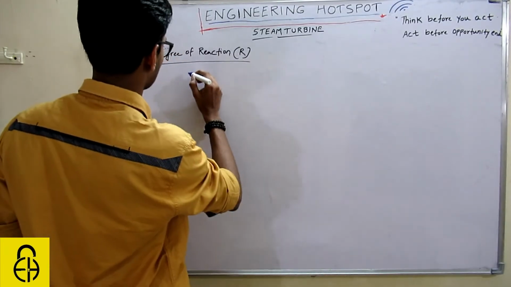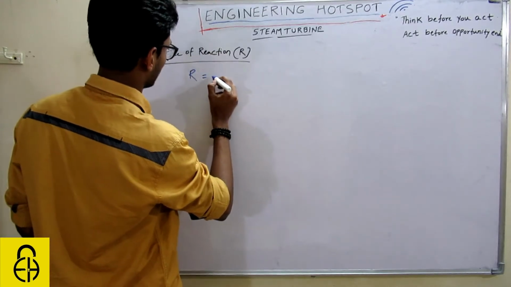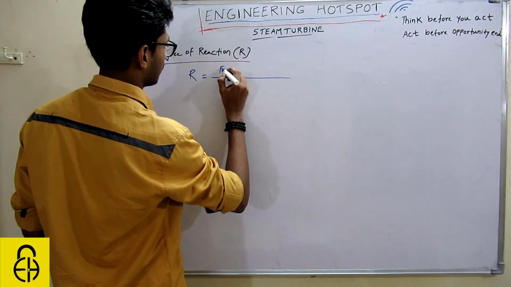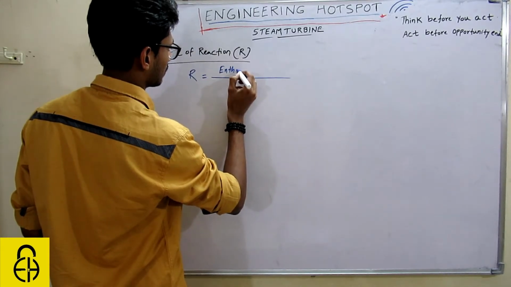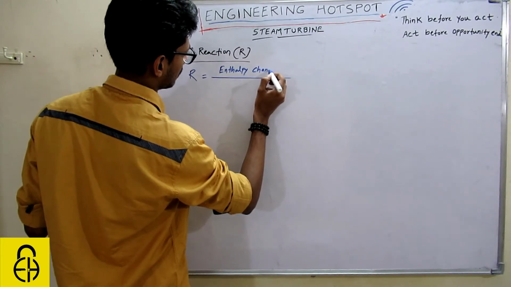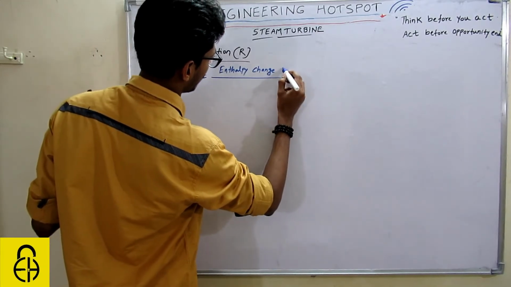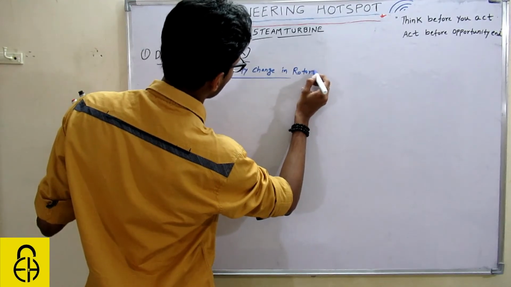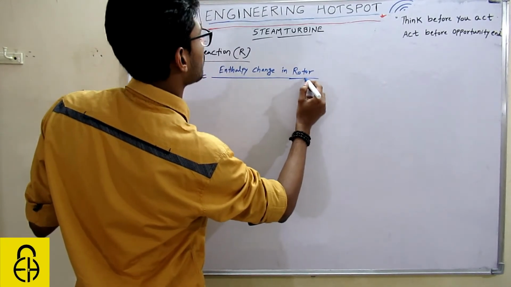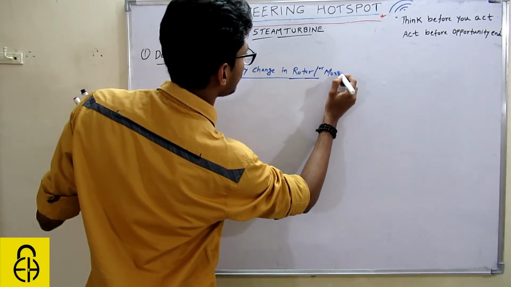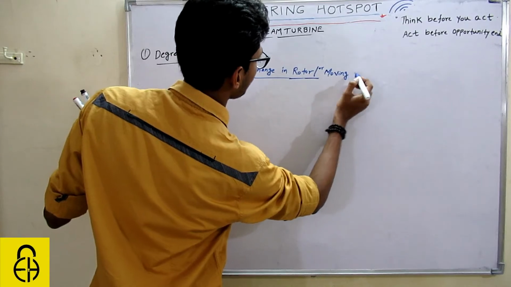Degree of reaction R is given by the enthalpy change in rotor. Rotor means the moving part, the moving blade.